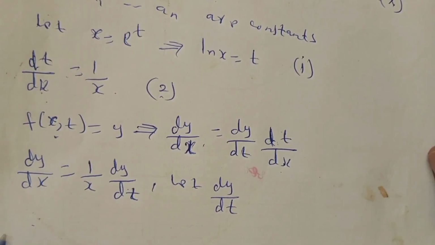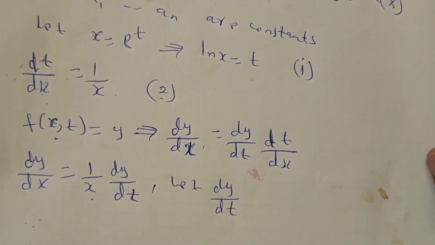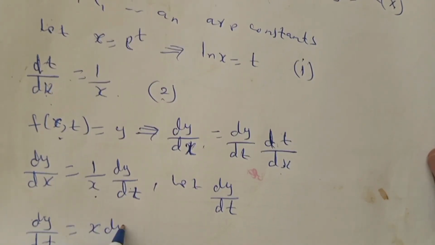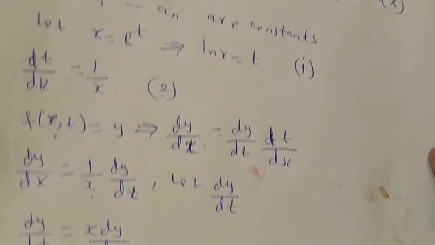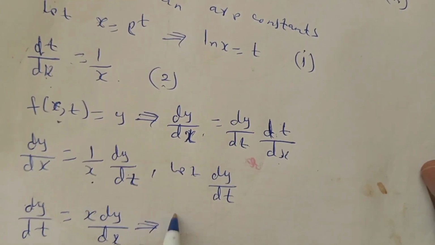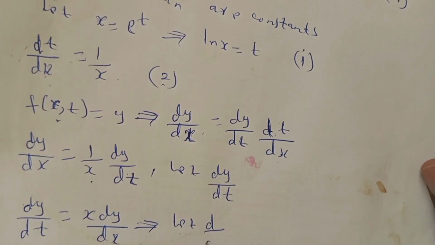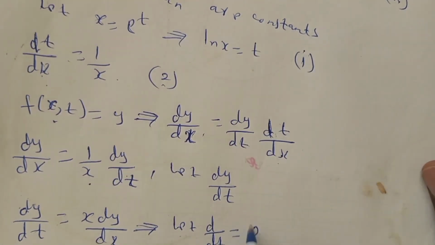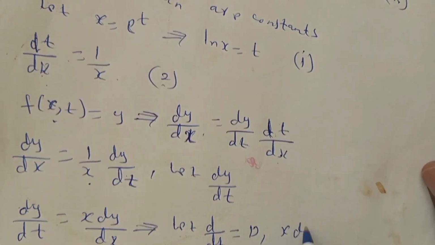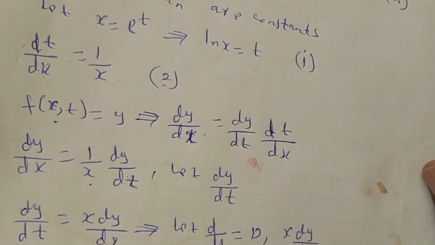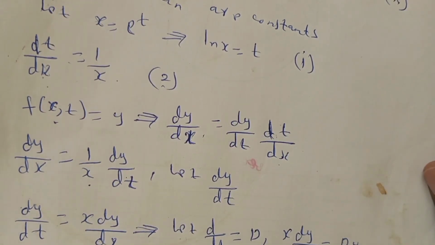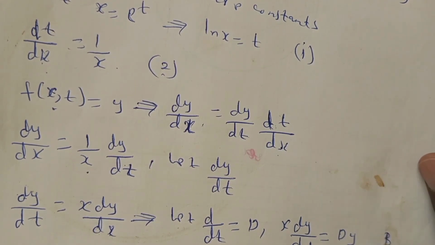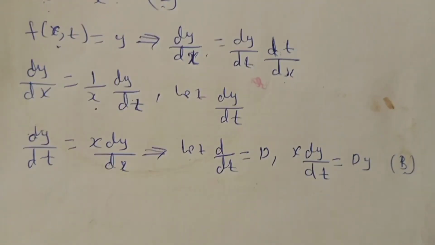From it, we multiply by x both sides, so that we have x dy over dx equal to dy over dt. Then we let dy over dt be equal to Dy, so x dy over dx equals Dy. We call this equation 3.